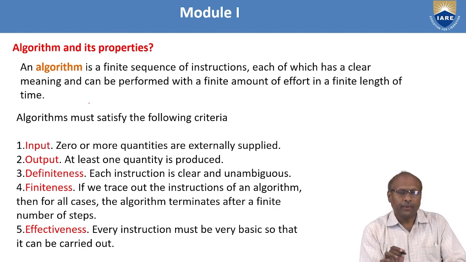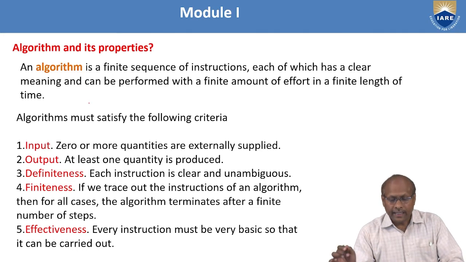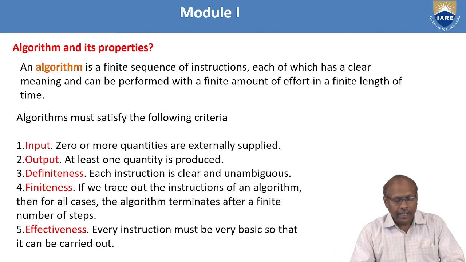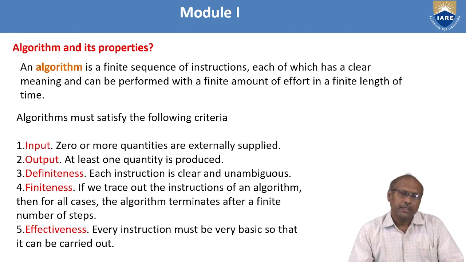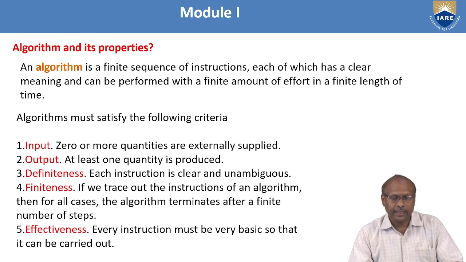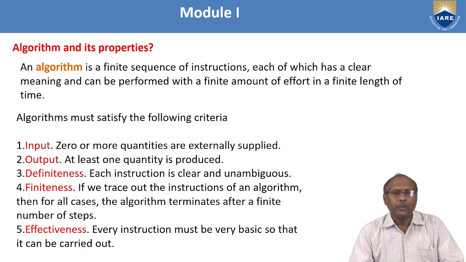Such a set of sequenced instructions is called an algorithm. Or in a simple form, you can say an algorithm is a set of instructions which performs a specific task.